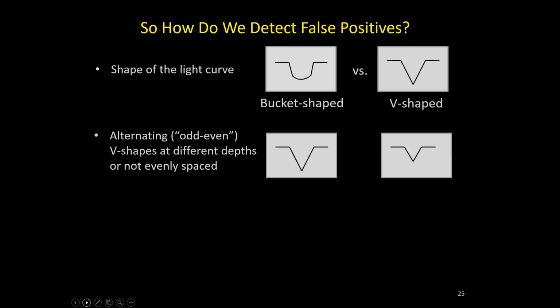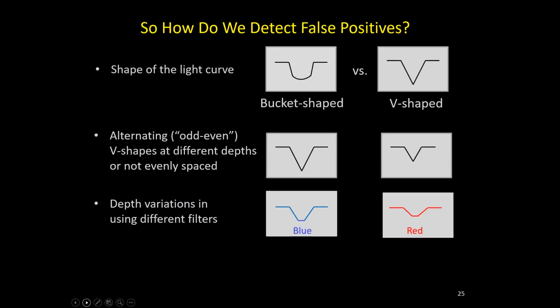Next. If we see alternating or odd-even V-shaped curves, then again, more likely that's an eclipsing binary, because we have a large and a small star eclipsing each other. So we see these differences in depths. Next.